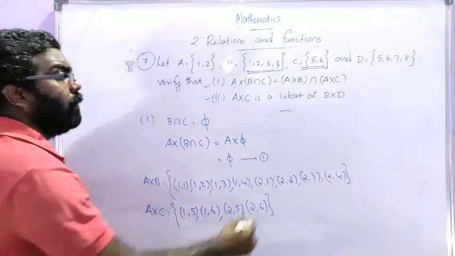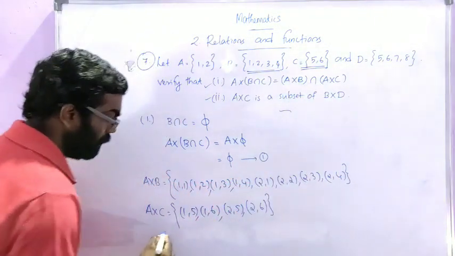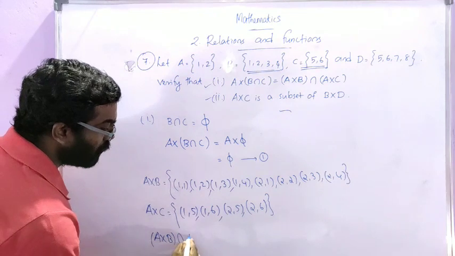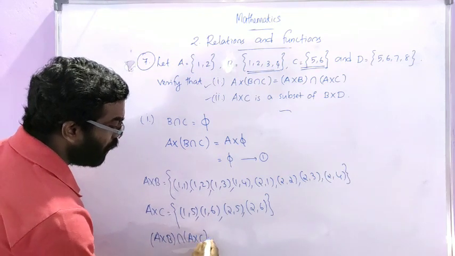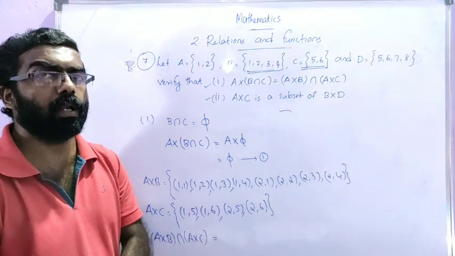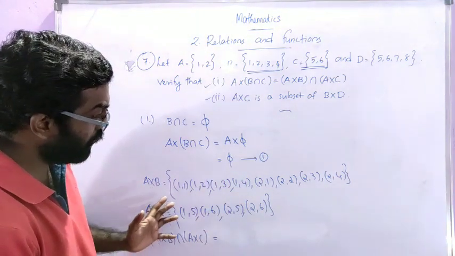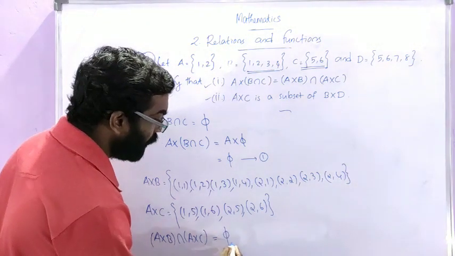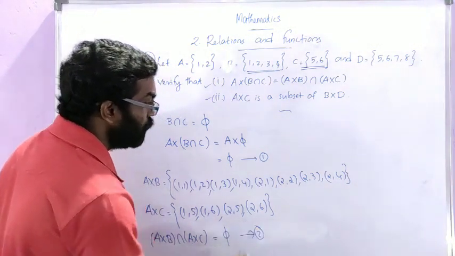It's all. Now we can find the intersection (A × B) ∩ (A × C). Here also we have to check whether there is any common element. Okay. So clearly there are no common elements. So we can write the final set, take it as equation number 2.